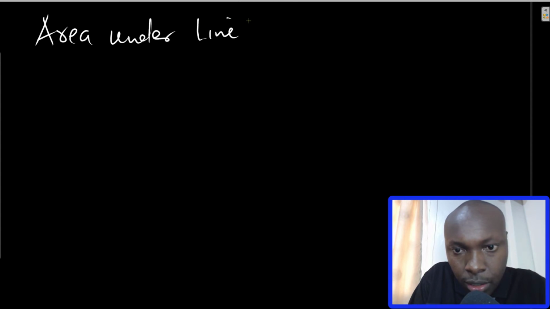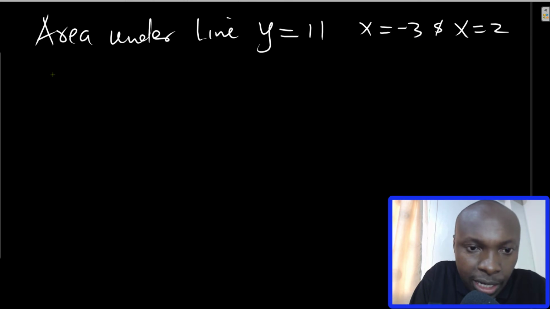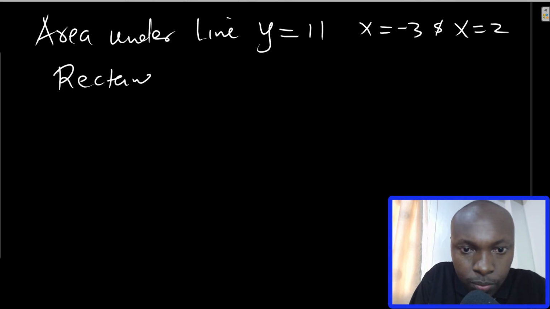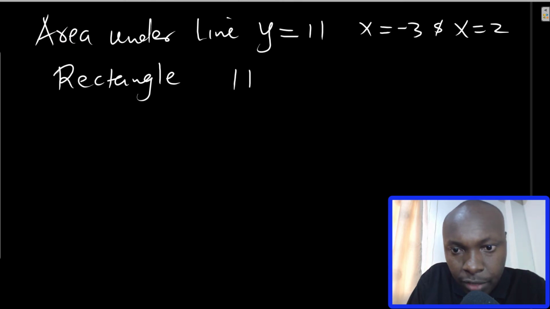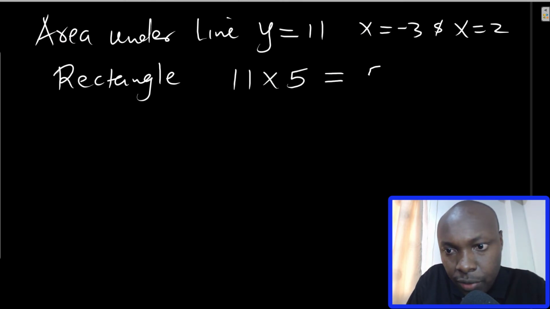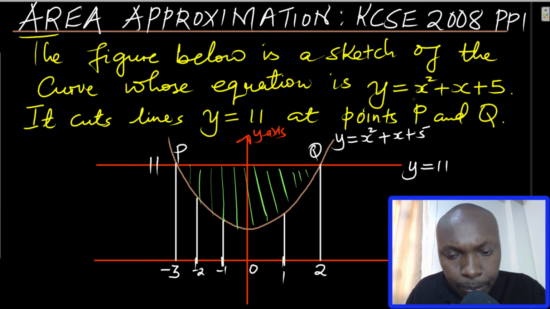So area under line y equals 11 between x equals -3 and x equals 2 will be the area of the rectangle, and that rectangle measures 11 by 5. 11 by 5, and that will give 55 square units. 55 square units.